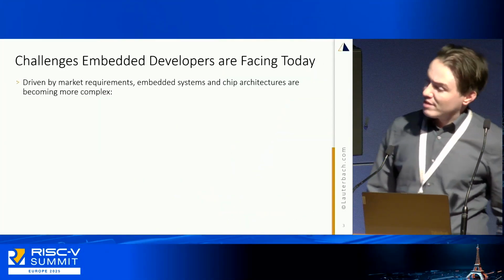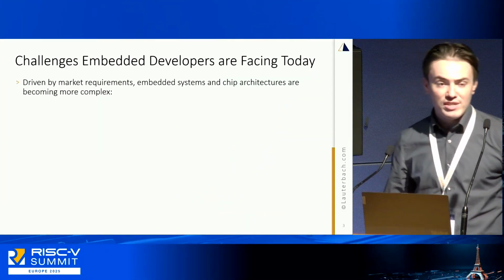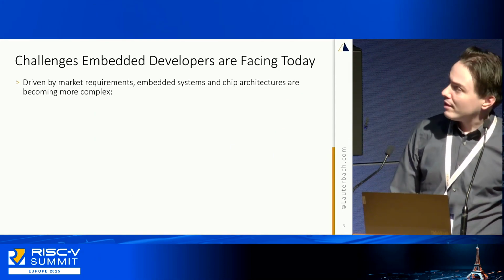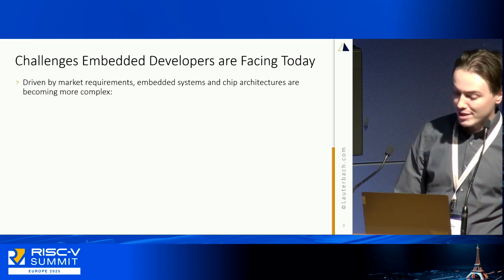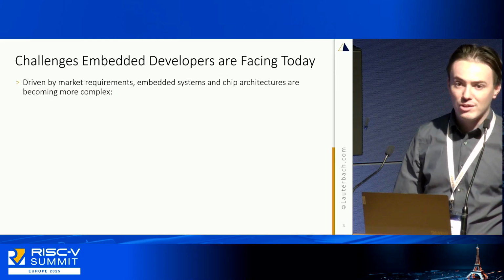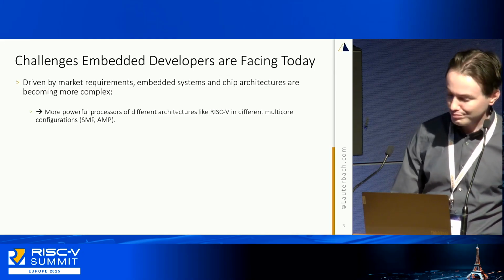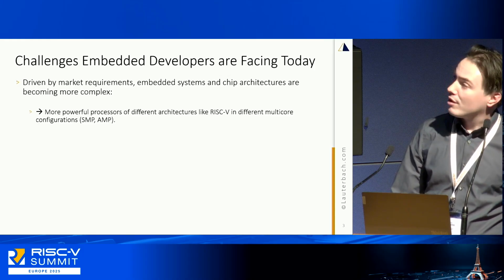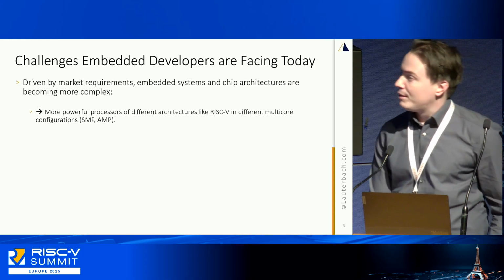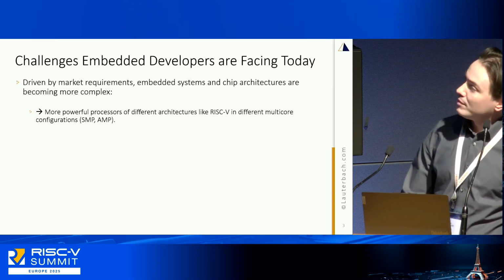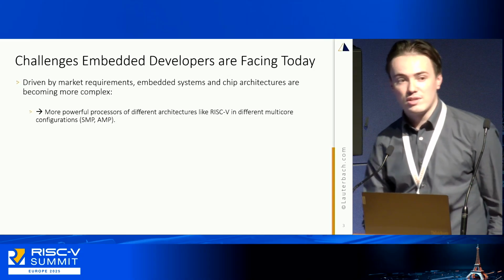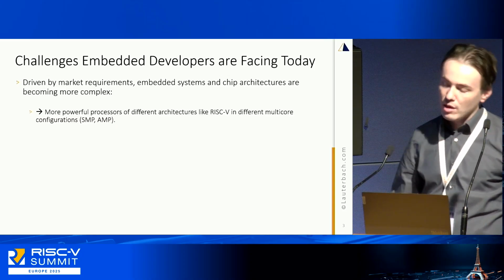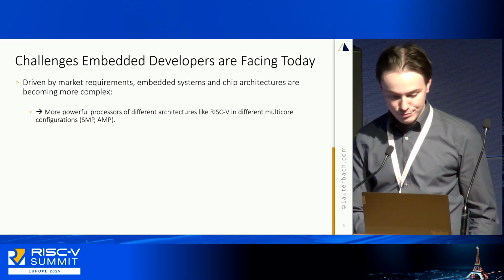So the challenges that embedded developers are facing today are obviously driven by the market requirements, and thus the embedded systems and chip architecture are becoming more and more complex. As an example, there are heterogeneous systems, so many different cores can be there, and it results in different scenarios such as SMP or AMP debugging, but we will talk about that a bit later.